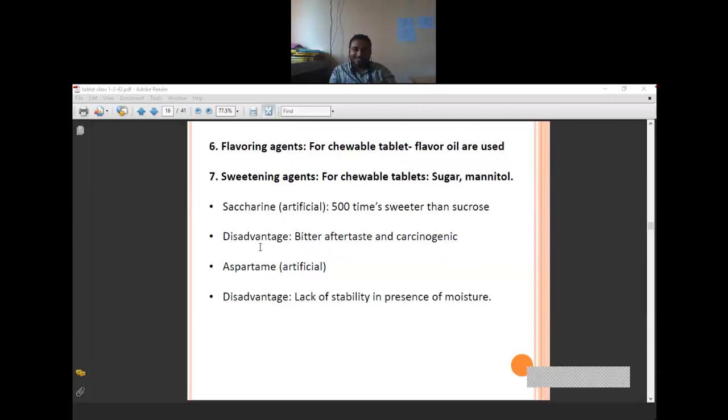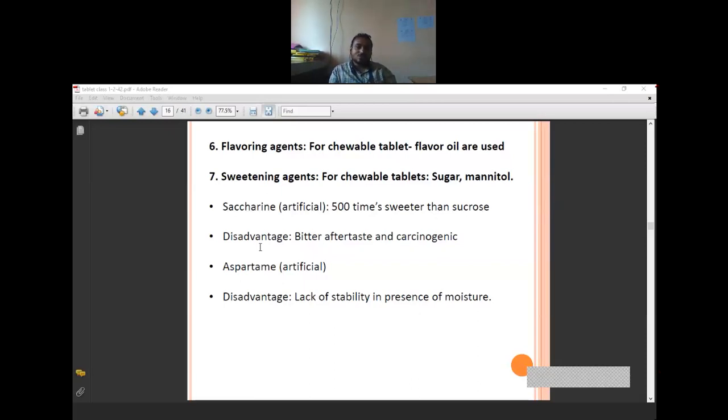That means it is an orange flavored vitamin C tablet. Lots of flavors are there: cola flavor, nimbu flavor. So these are flavoring agents used to give the feel of that particular substance.